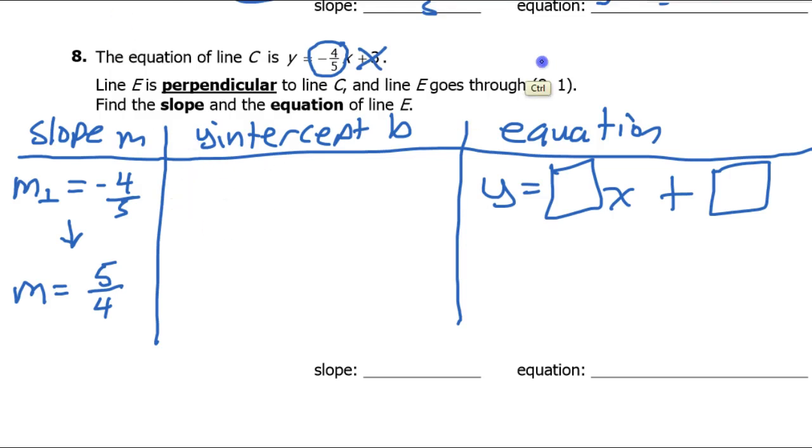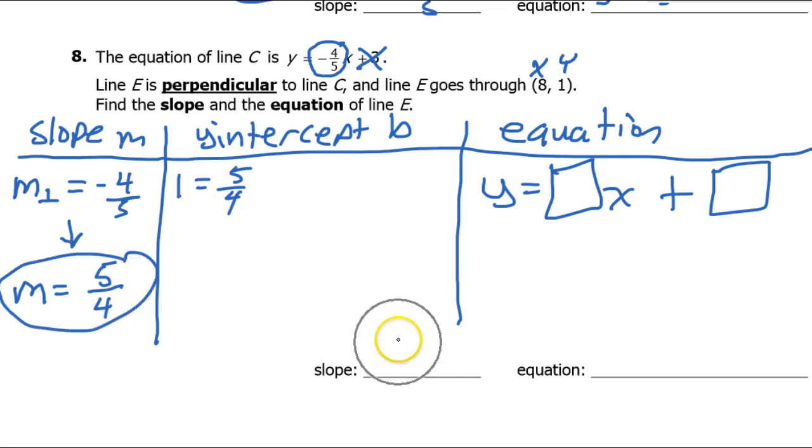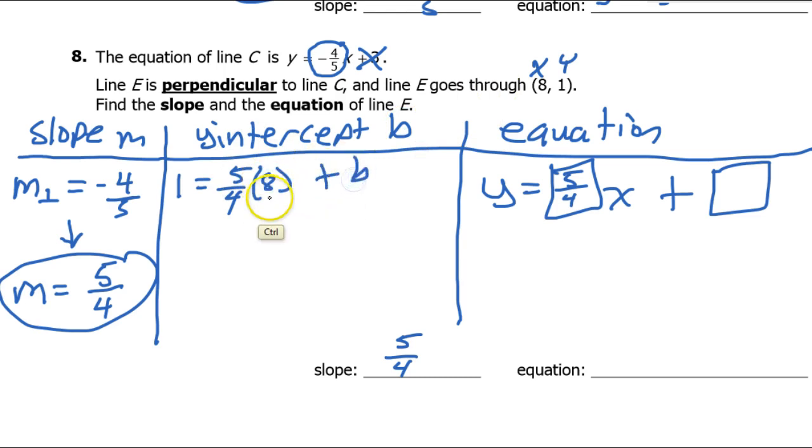Thinking y equals mx plus b, and using this point, x and y, I'm going to have 1 is equal to 5/4. Oh, by the way, we have the slope 5/4, so I'm going to write that down. And that goes right here in the first box. Okay, x is 8, plus b. This is like having 8/1.